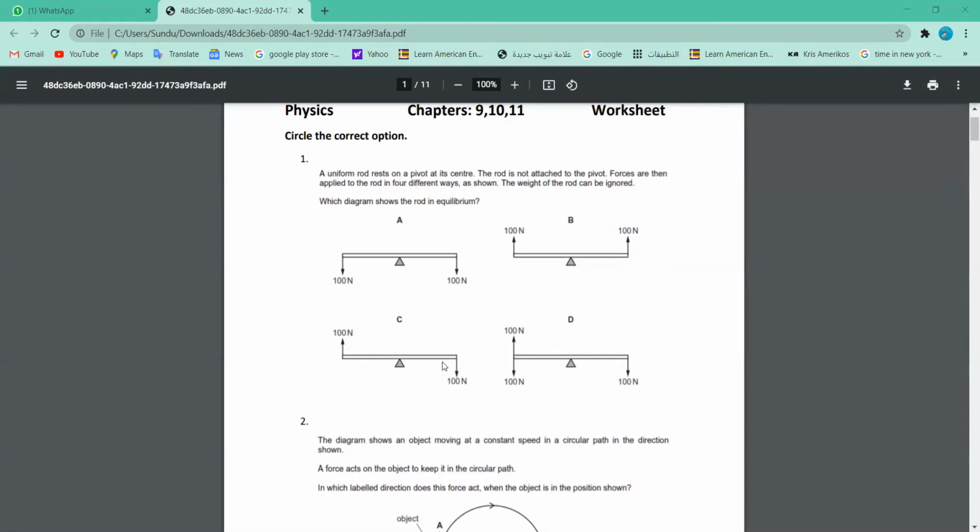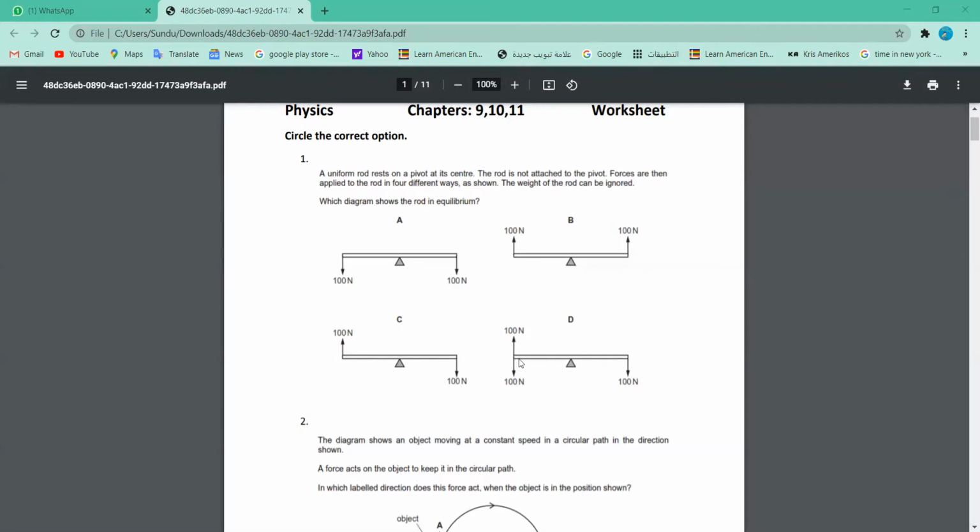And this is also clockwise, right? So that is why this is not in equilibrium, because both of them are clockwise, and we don't have anti-clockwise in this C picture. Did you see? So this cannot be in equilibrium.